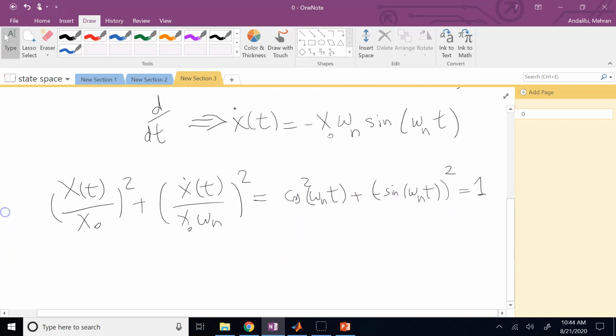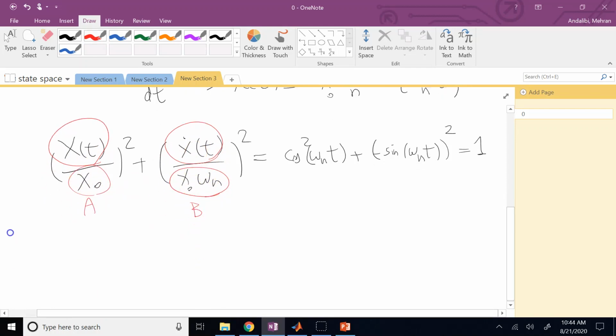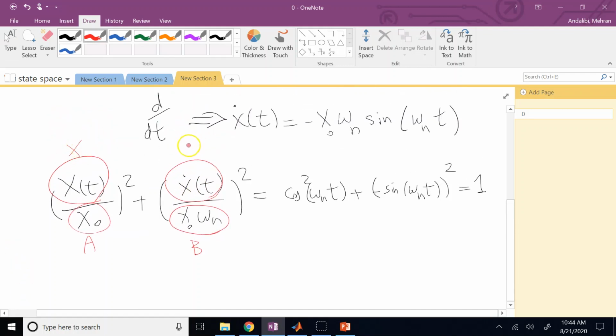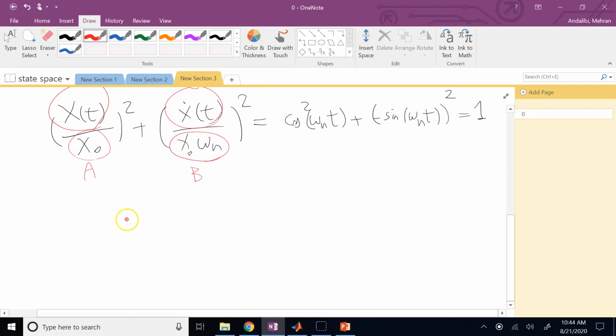So what does that mean? Since this is one of my axes, x, and the other one is x dot, if I call this constant a and this other constant b, and call this x and this y, because they are my x and y axes, the equation will be like x over a squared plus y over b squared is equal to 1.